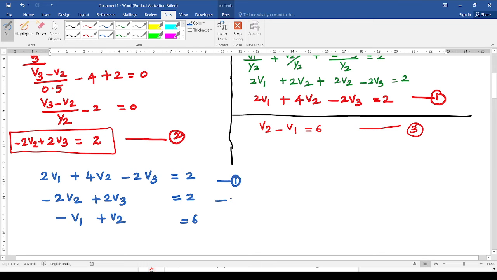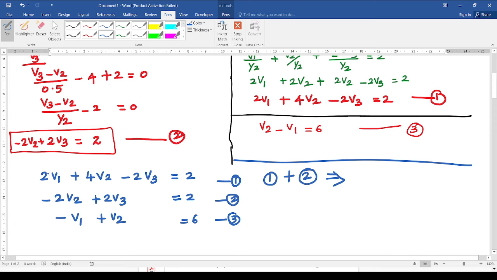First of all, I am going to take equations 1 and 2, equation 1 plus equation 2. That gives 2V1, and 4V2 minus 2V2, that is 2V2. 2V1 plus 2V2, and the 2V3 and minus 2V3 get cancelled, equal to 4. This is equation number 4.